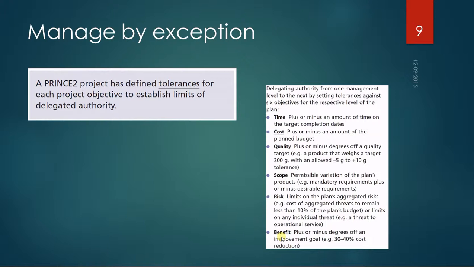The project board has some tolerances given from corporate, and of course, as I talked about before, the project manager will have some tolerances from the project board, and then the team managers will have some tolerances from the project manager. So that's how it works.